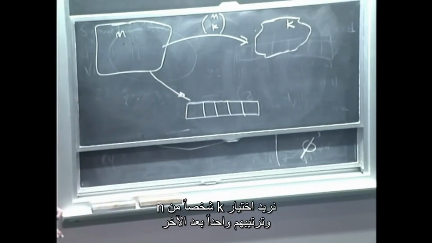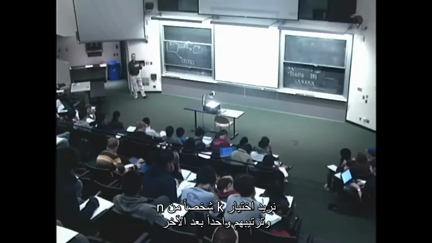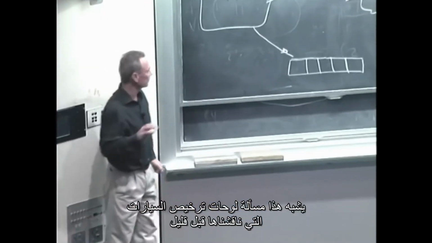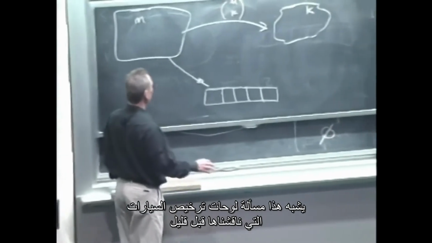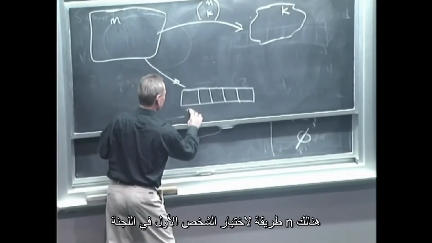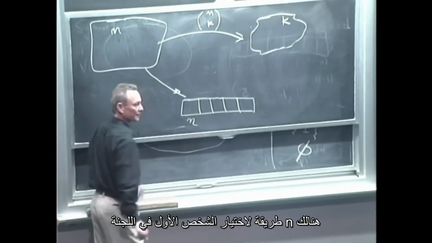Out of these n, we want to choose just k of them and put them in slots, one after the other. So this is pretty much like the license plate problem we solved just a little before earlier. So we have n choices for who we put as the top person in the committee.